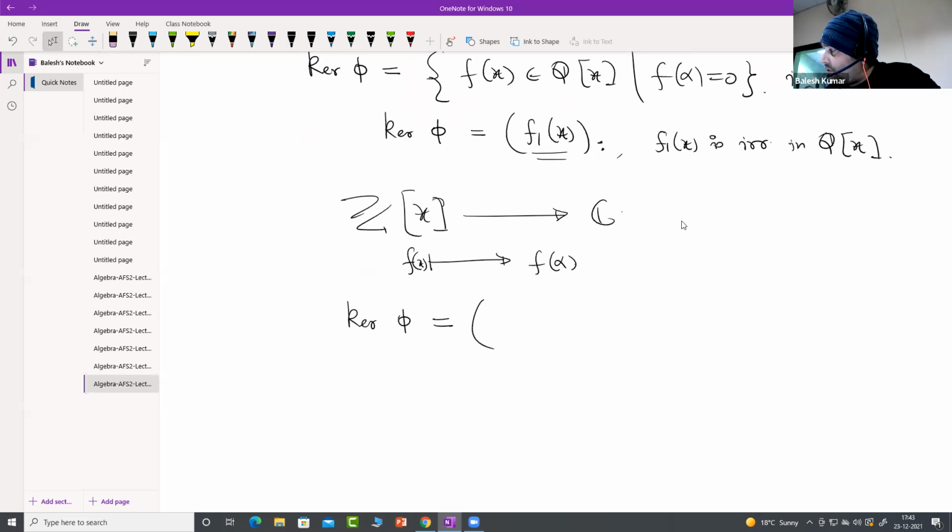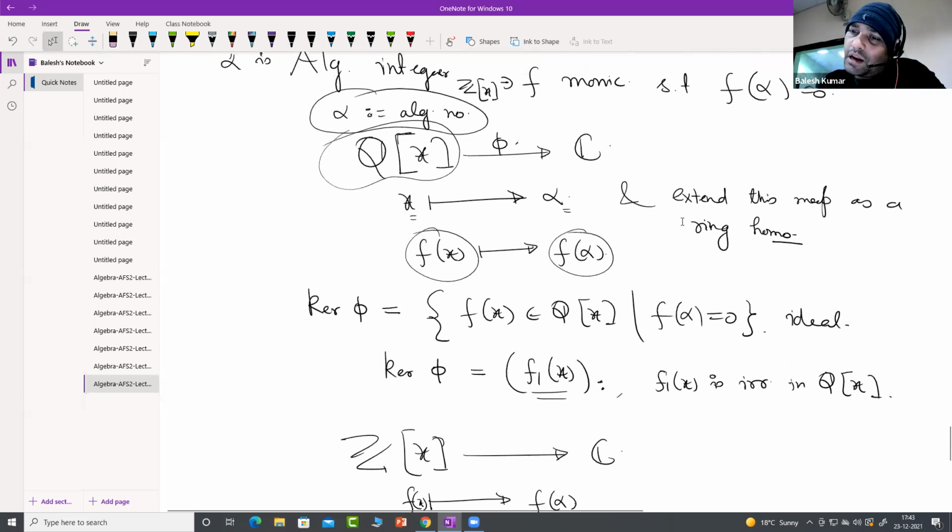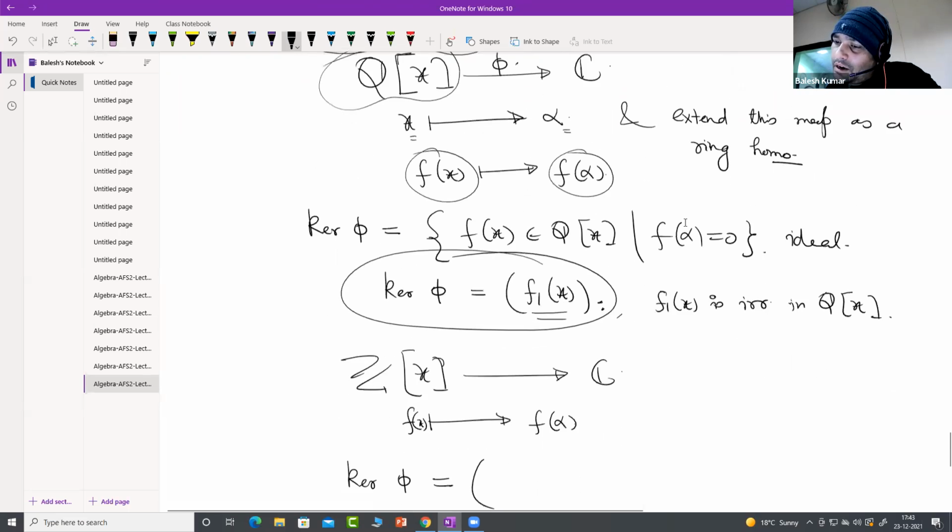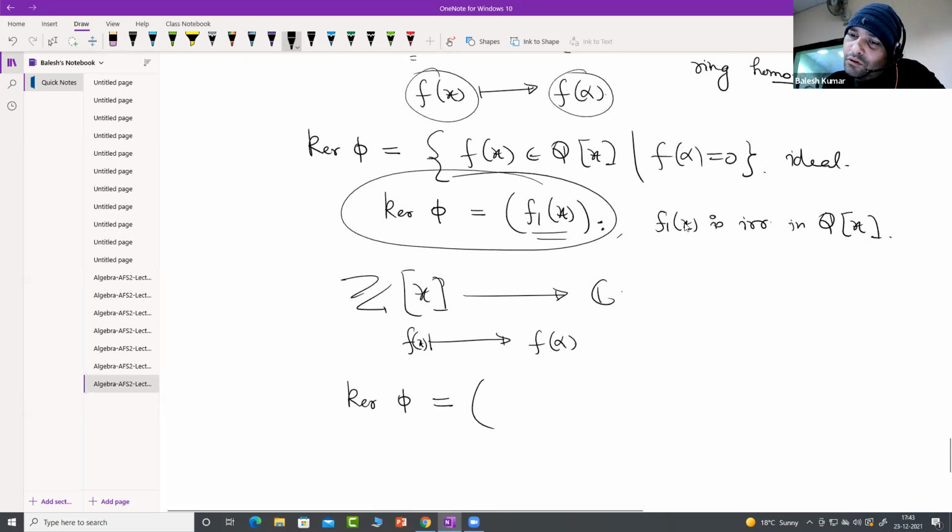There we have used the fact that this is a principal ideal domain, so one can write the kernel as generated by a single element. But here we don't know. We know that Z of x is not a PID. Then what will be the kernel of phi restricted to Z of x?